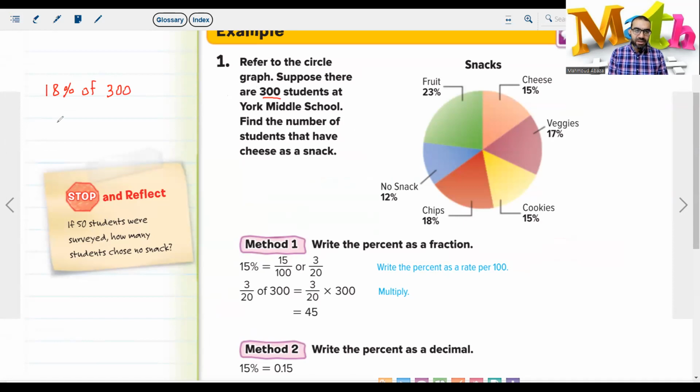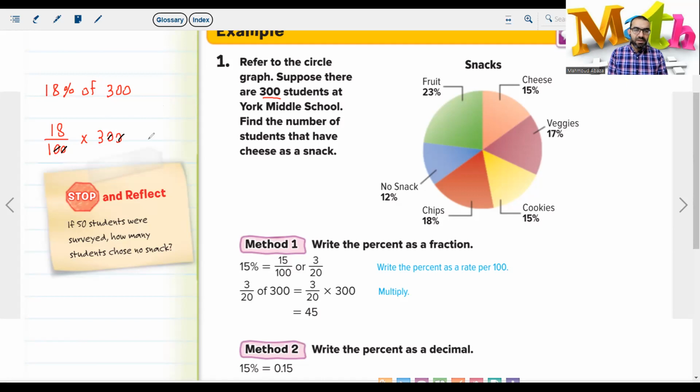So 18% is like 18 over 100 multiplied by 300. We can cancel 2 zeros up with 2 zeros down.